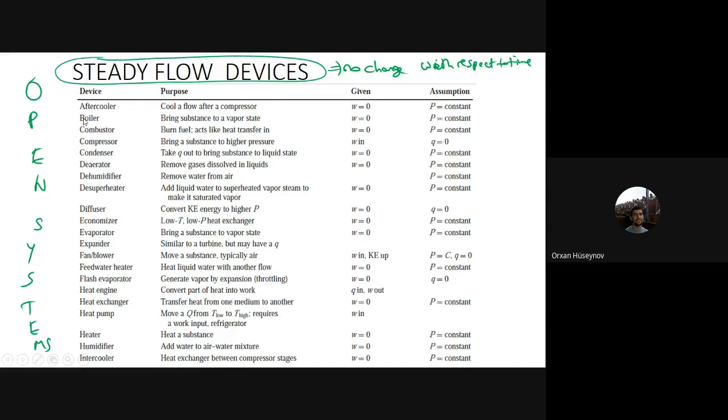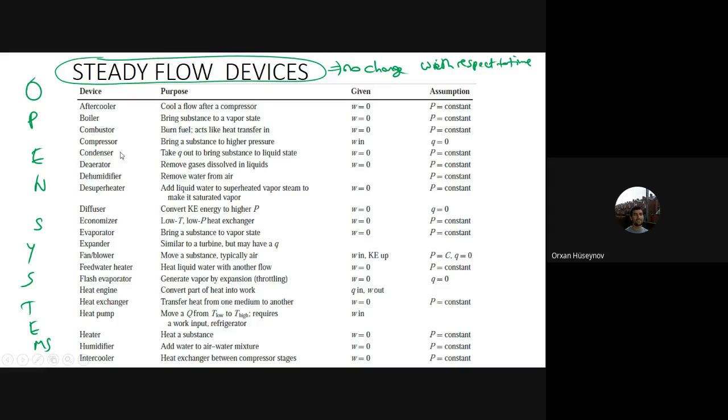For example, you have the boiler, which is used to bring a substance to a vapor state. For the boiler, the work is 0 and the pressure is constant. You can see that this is a very good chart, and it gives the values which are 0. For example, for a condenser, work is 0 and pressure is constant.